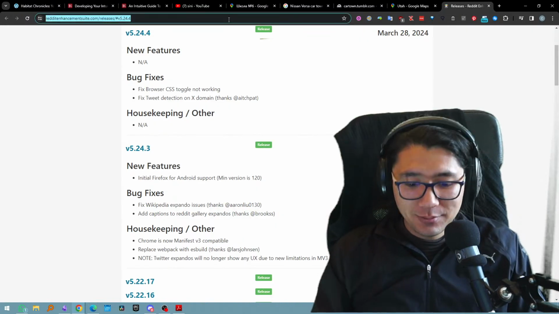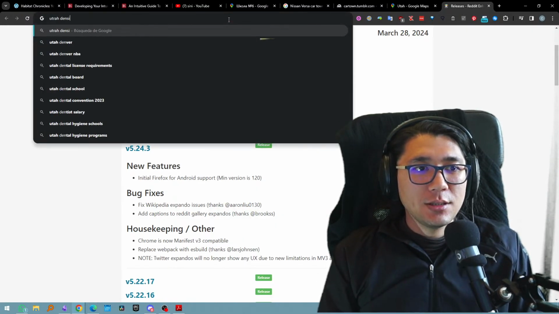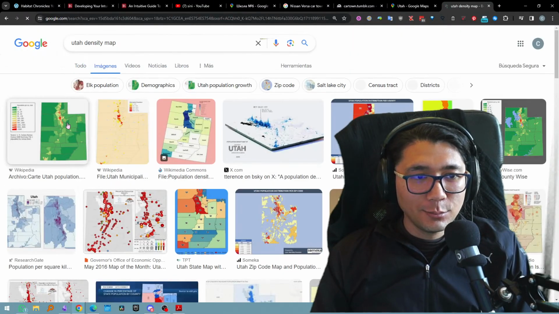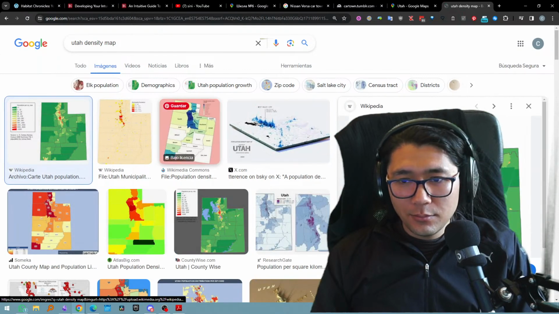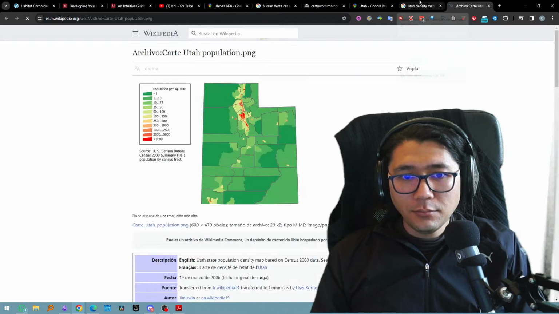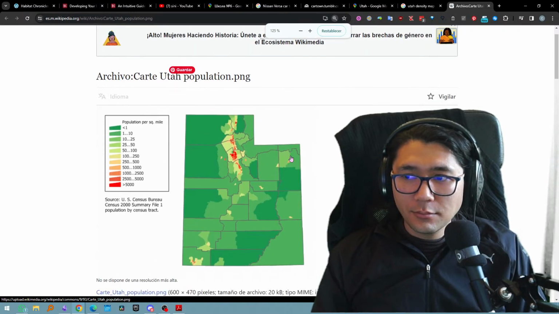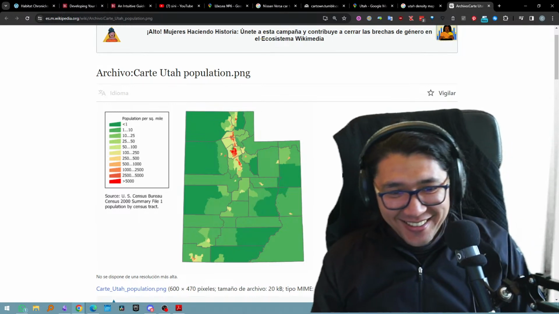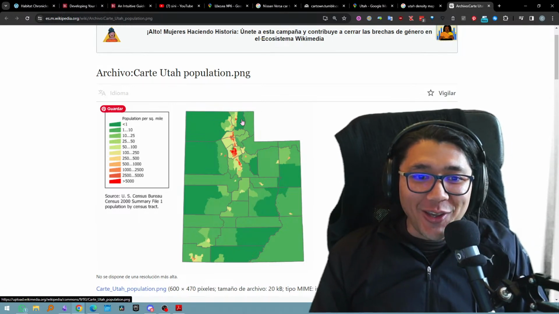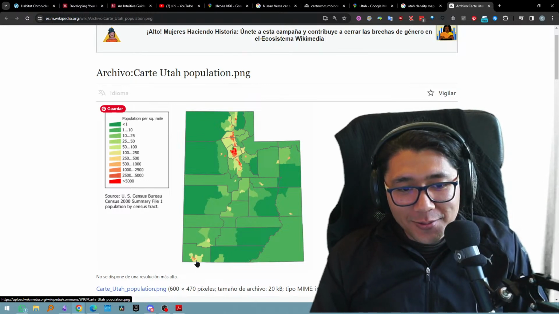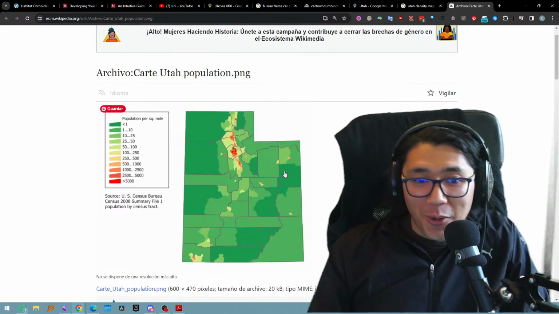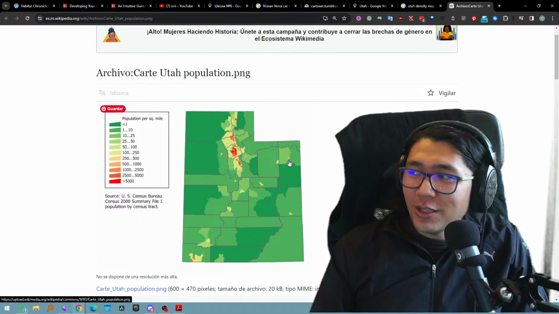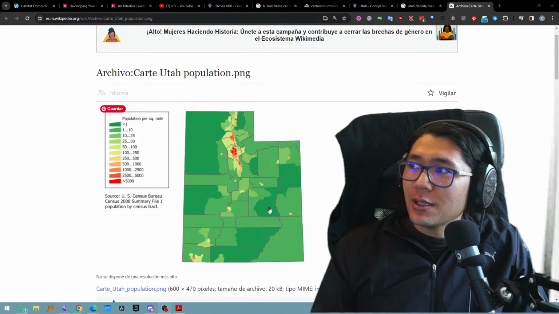Let's say Utah density map. You probably live in the red parts, right? You could live here, though. Not sure what it is. Maybe there. Or here, whatever that is. Can you see it? Yeah, you can see it, right?